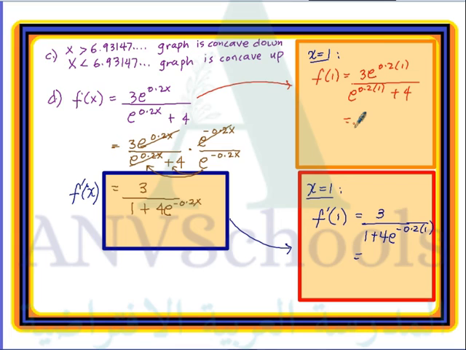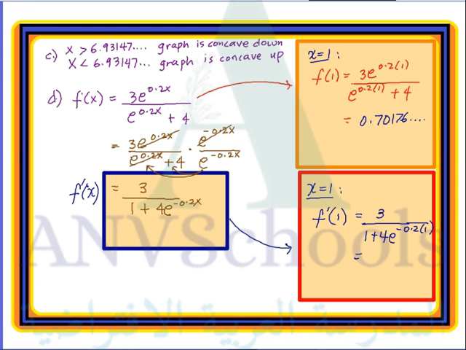Okay, so let us have the calculator with us. Let's check it. So 3 times e raised to 0.2 times 1 divided by e raised to 0.2 plus 4. I'm sorry, that's not plus 1. This will give us 0.70176. Okay, well in this case, let us check.